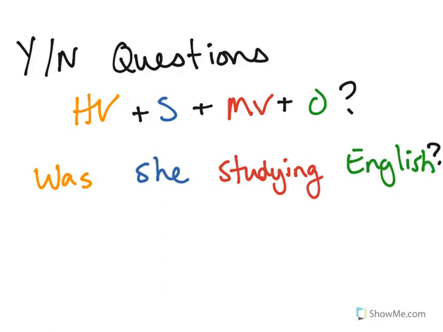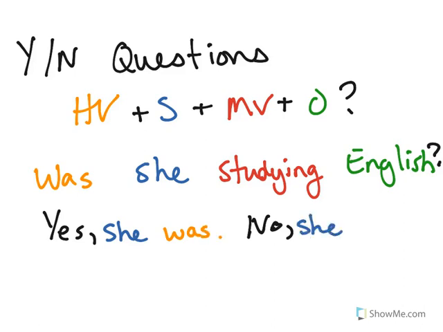And of course, my answer is going to be either yes or no, and I want to use the short form again here. Yes, she was, and I'll use that helping verb in my short answer, or no, she wasn't, and I'll use the contraction form in my short answer.